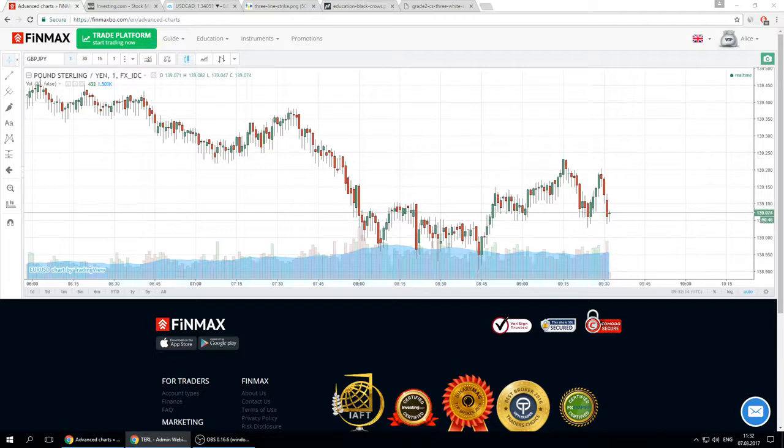They are similar, but they show us different situations on the market. So let's start with the 3 black crows. What is that? I prepared a picture for you to show how it looks.